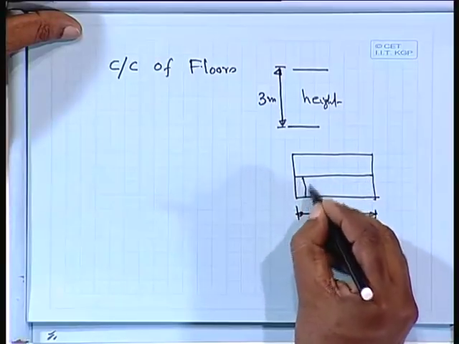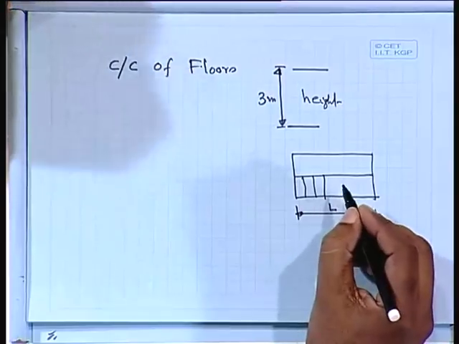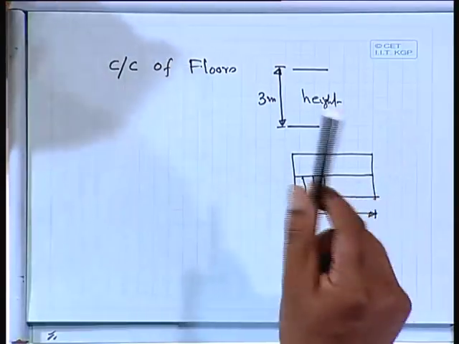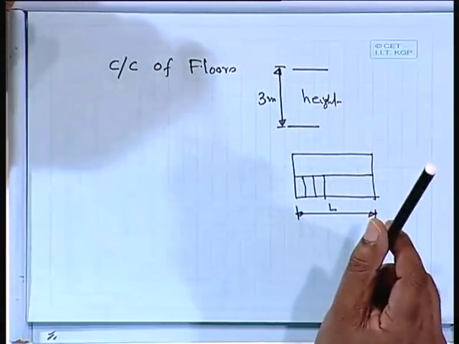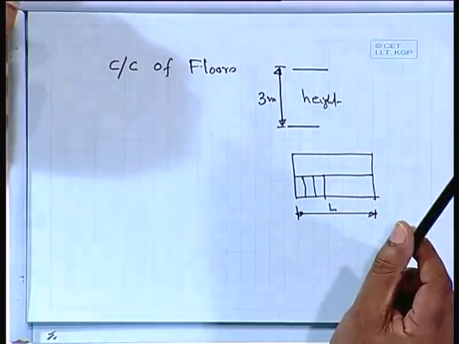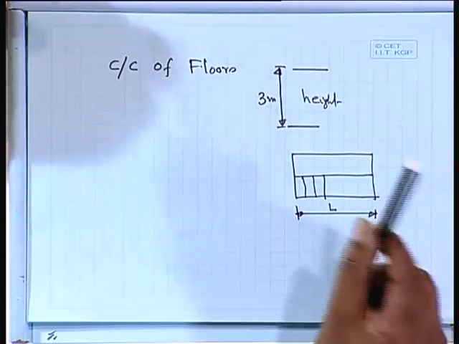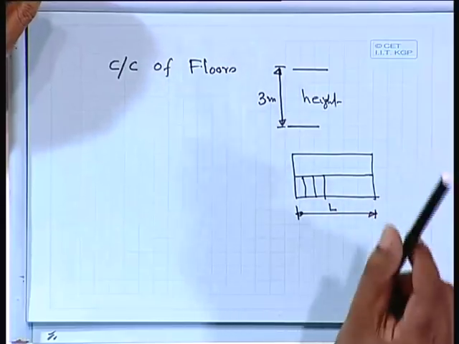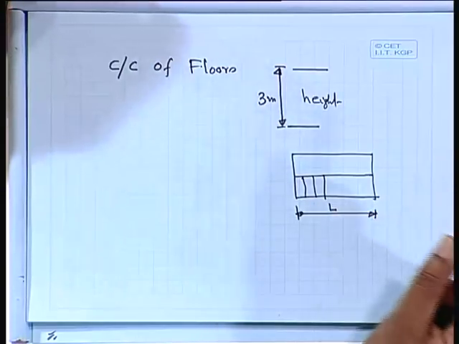Depending on that, how many steps you provide also depends. So not necessarily that we shall keep within that range, say 250 millimeter and 150 millimeter. We can go a little higher or a little less, 5 or 10 millimeter, it does not matter. But it is also dependent on these two things.